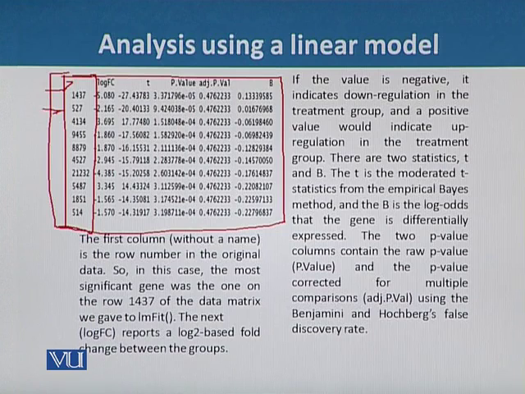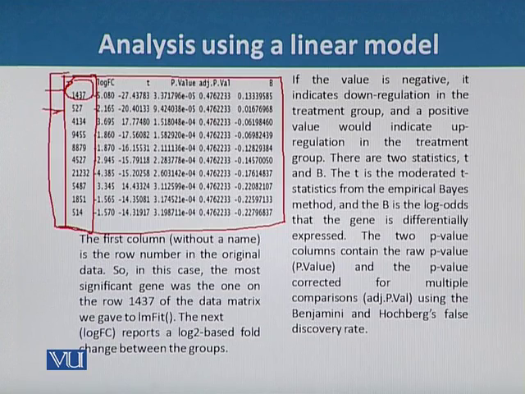It means this is the actual row number, and so on. So in this case, the most significant gene was the one on row 1437, because this is on the top. So it means this gene has the most significant expression in the data matrix that we have given to lmFit.